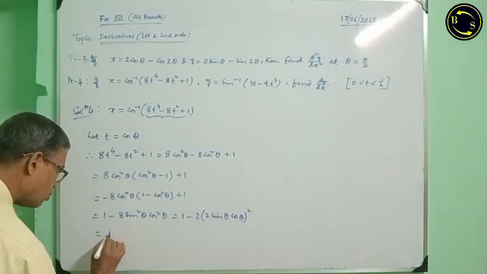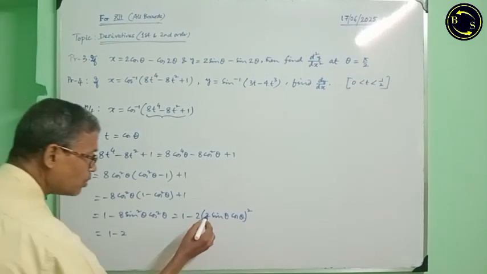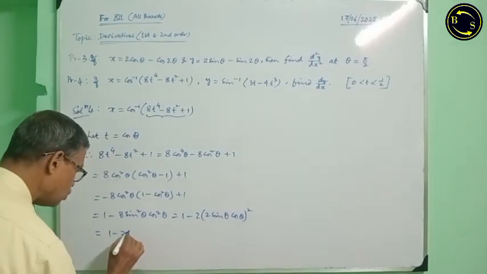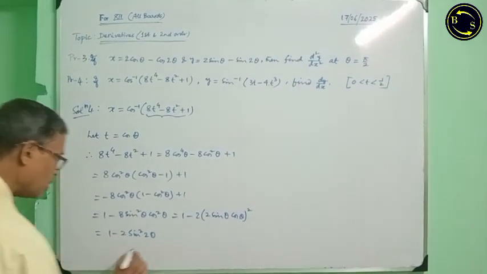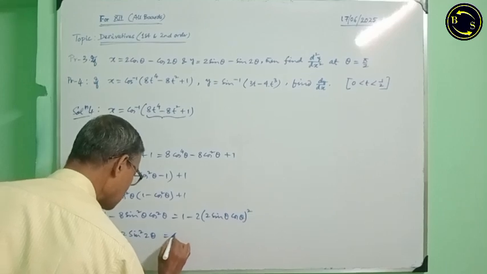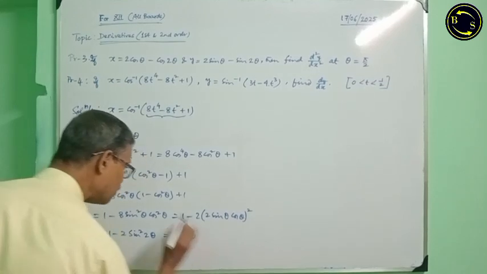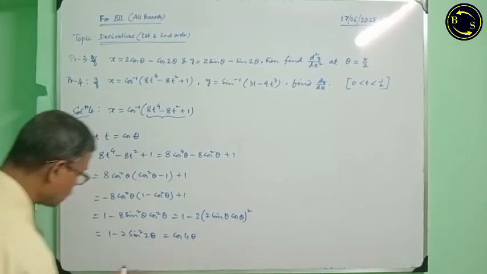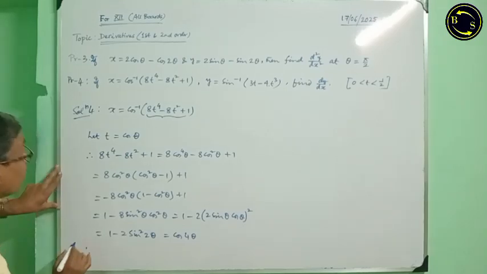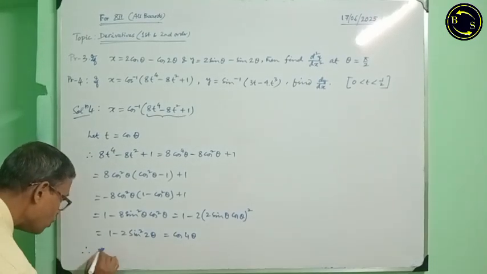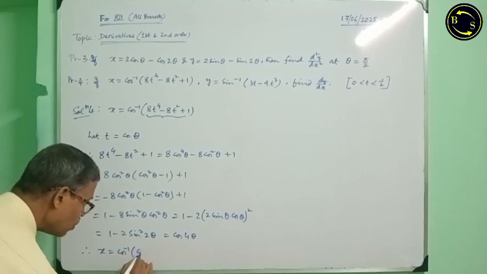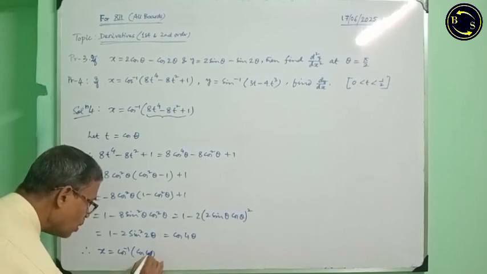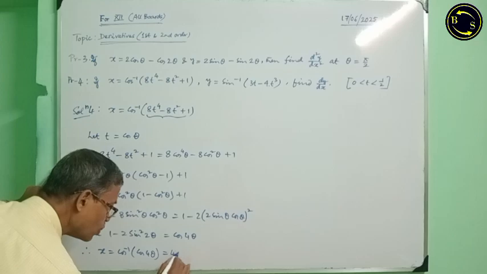That is equal to 1 minus 2, this is sin 2 theta, that means 2 sin square 2 theta, which is cos 4 theta. Therefore, x equal to cos inverse cos 4 theta, that is equal to 4 theta.